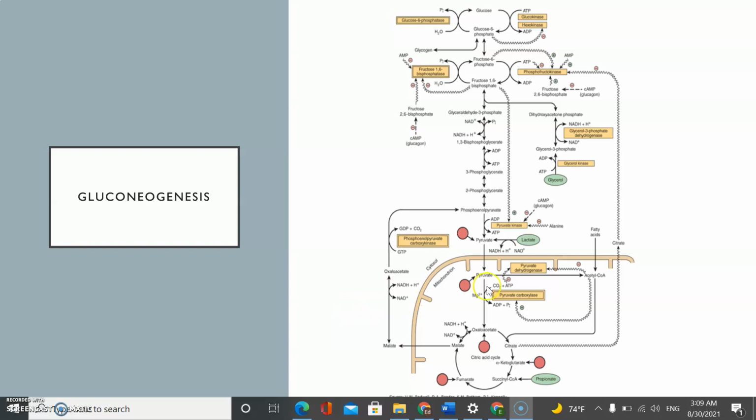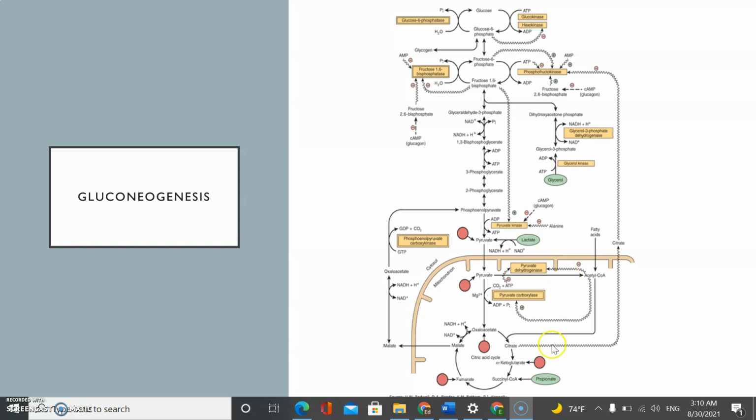As you can see here, pyruvate is carboxylated by pyruvate carboxylase to produce oxaloacetate. Oxaloacetate is then reduced to malate by NADH. Malate diffuses out of the mitochondria to the cytosol, where it's oxidized back to oxaloacetate, and then it's acted on by phosphoenolpyruvate carboxykinase to produce phosphoenolpyruvate. The equilibrium reaction then continues in favor of glucose production because of low glucose in the fasted state.